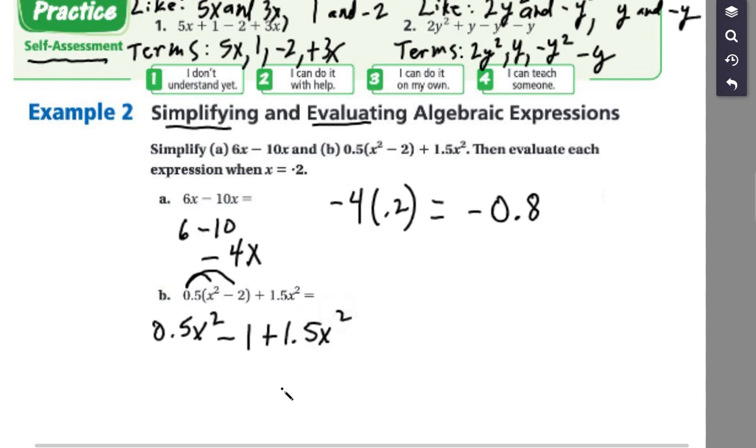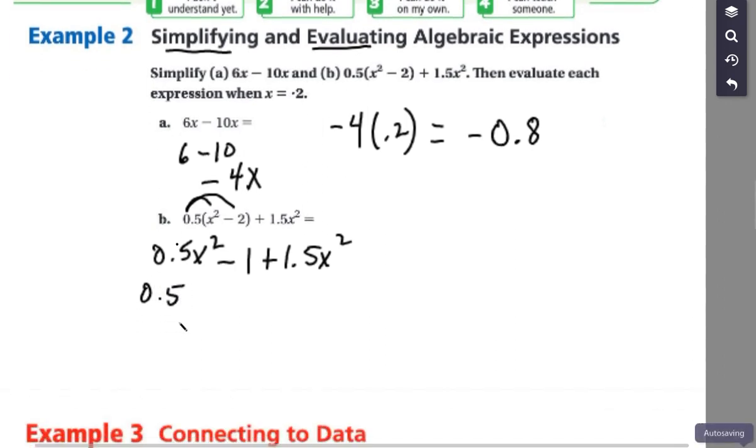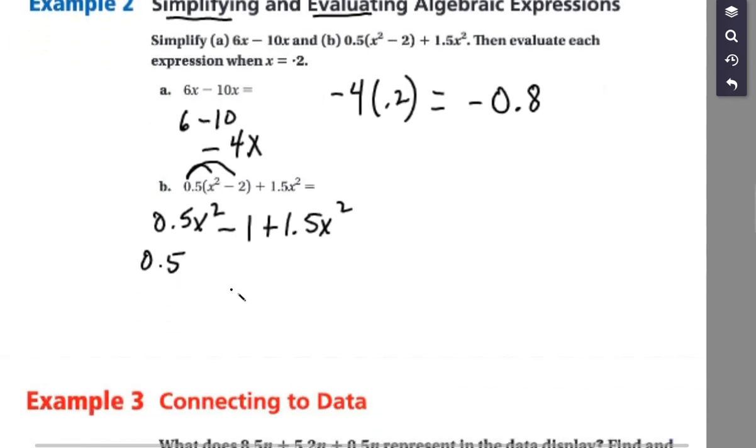Now we're going to combine the like terms. So we have 0.5, and we are going to combine that with the 1.5. They both have an x squared. So we're going to add that together and put it next to the x squared.